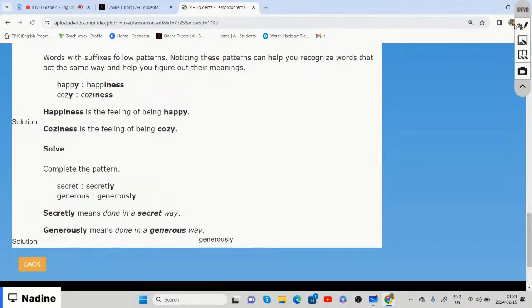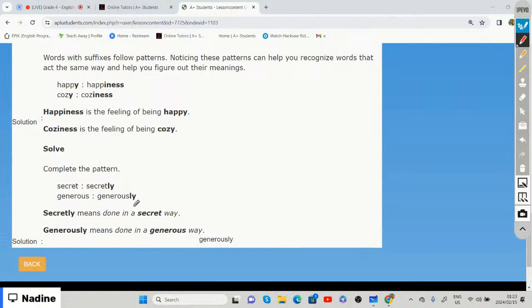So secret and secretly means that things are done in a secret way. That is secretly. And generously also means that things are being done in a generous way. So secretly is like we are not telling anybody. We are doing it in a manner in which nobody knows.